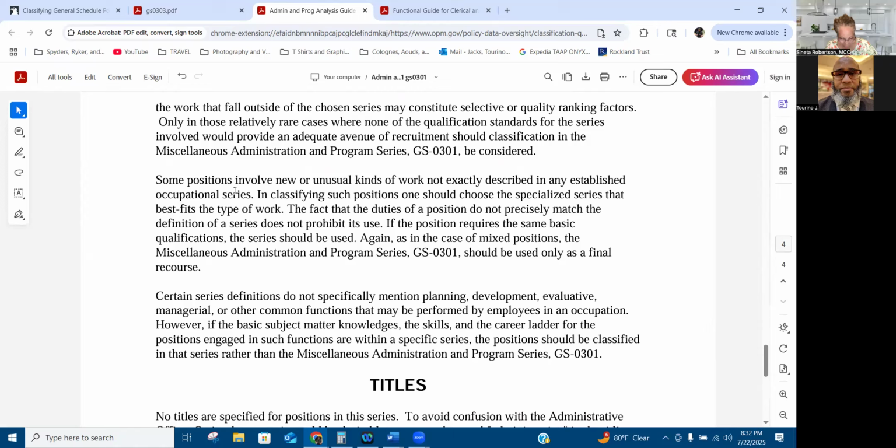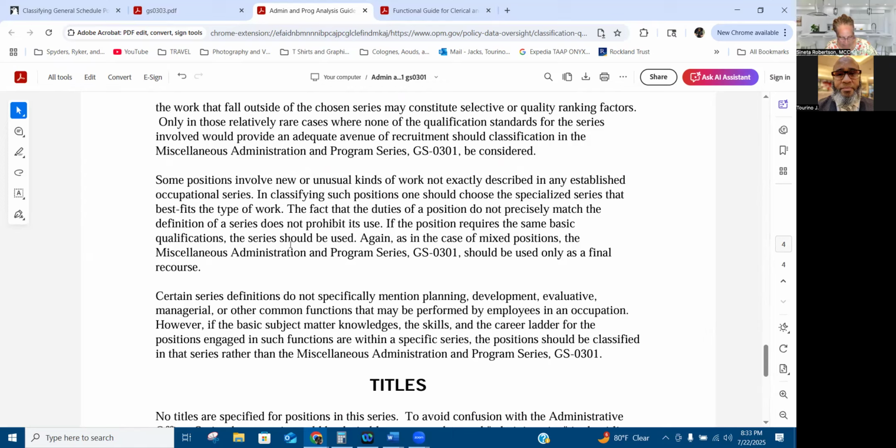Some positions involve new or unusual kinds of work, not exactly described in any established occupational series. In such cases, one should choose a specialized series that best fits the work. The fact that the duties of the position do not precisely match the definition of a series does not prohibit its use. If the position requires the same basic qualifications, the series should be used.